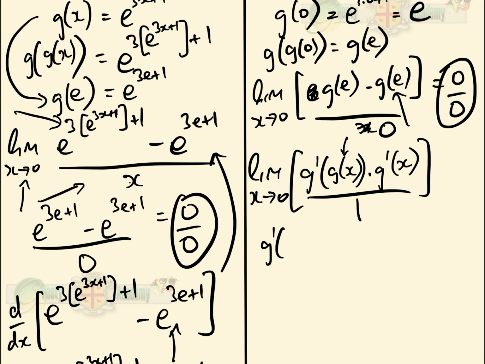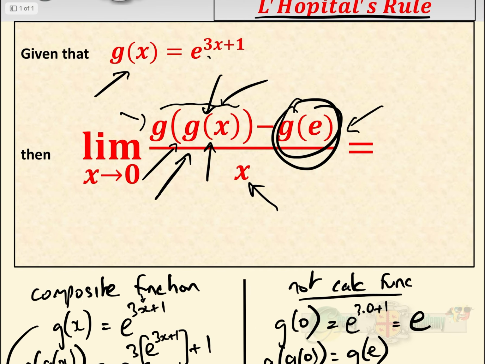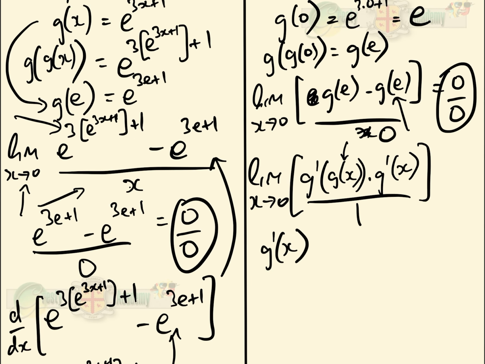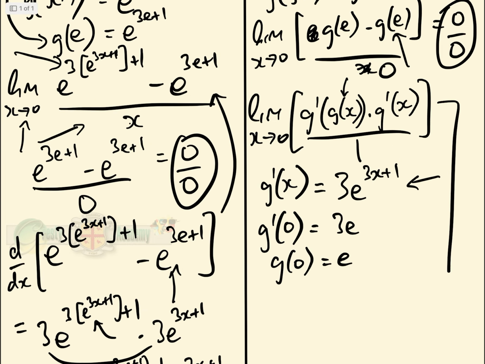Right, now g dashed of x, we know that g of x is e to the 3x plus 1, so therefore g dashed of x is equal to 3e to the 3x plus 1, so therefore g dashed of 0 is equal to 3e, just putting x equals 0 in there, and we already know that g of 0 is equal to e, we've already worked that out. So basically we can go straight into calculating this limit, which we know is the same by L'Hopital.